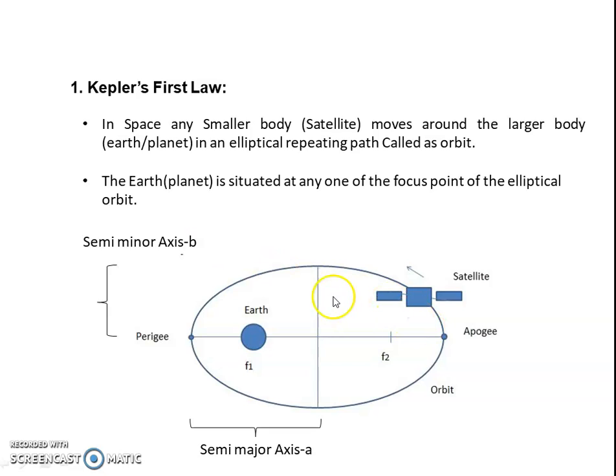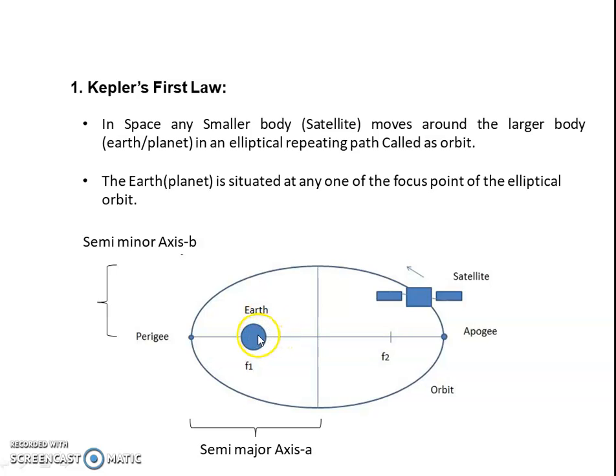The situation of the Earth can be on either of the foci of this elliptical path, or this ellipse. So there are two focus points, F1 and F2, of this elliptical path.